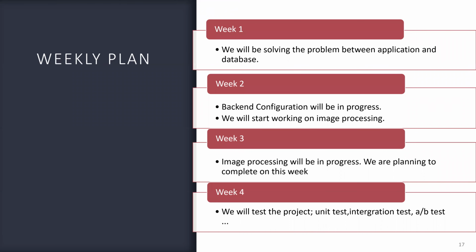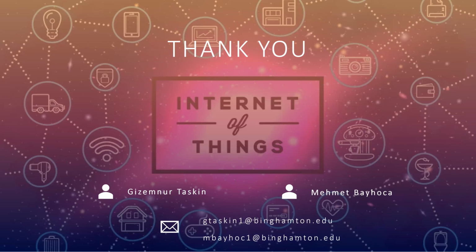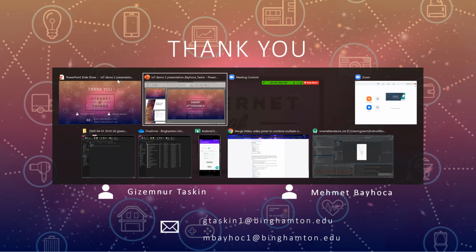At the end of the third week, we will be finished with the image processing and the whole system. And the last week, we will test the project, such as unit testing, integration testing, and any extra tests. Thank you for listening to us, and we are going to show you the demo of our design, especially the user interface.